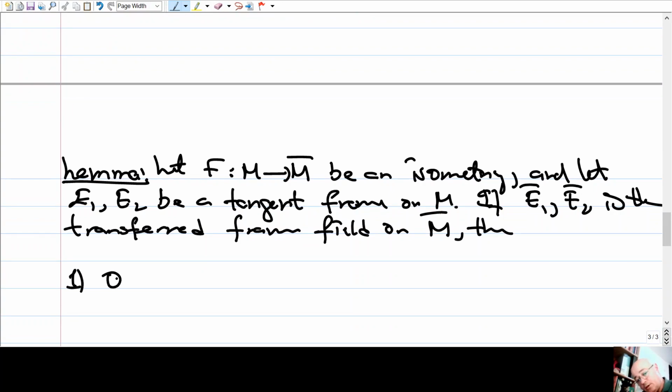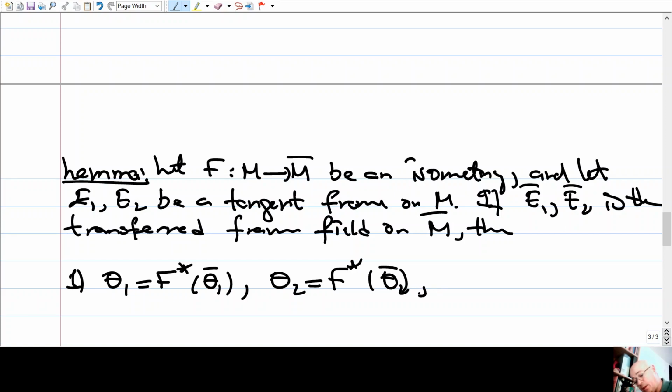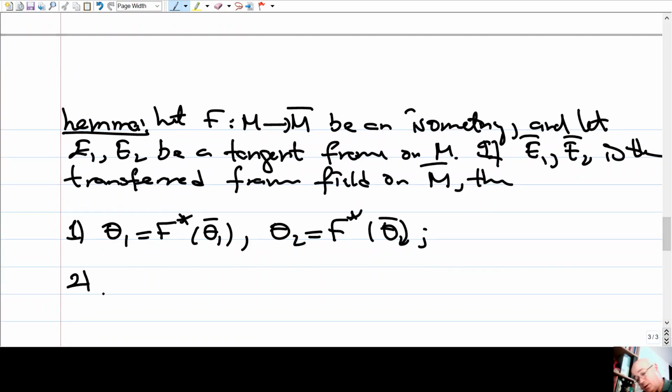we have the following conclusions. First, theta 1 is just f pullback of theta 1 bar, theta 2 is f pullback of theta 2 bar, and the second part, omega 1 2 is just the pullback of omega 1 2 bar by f.